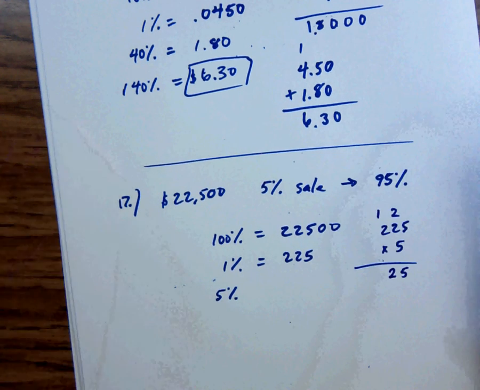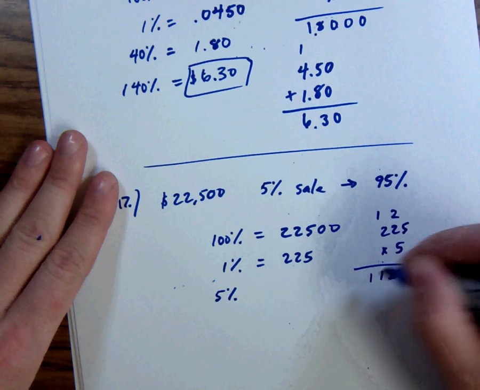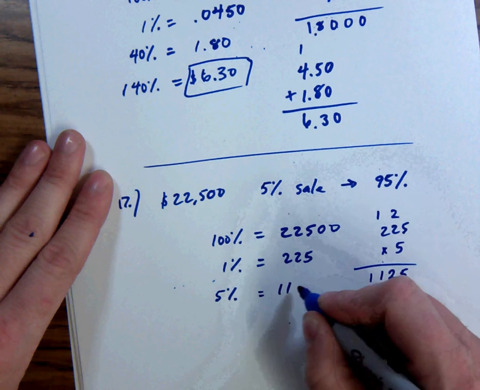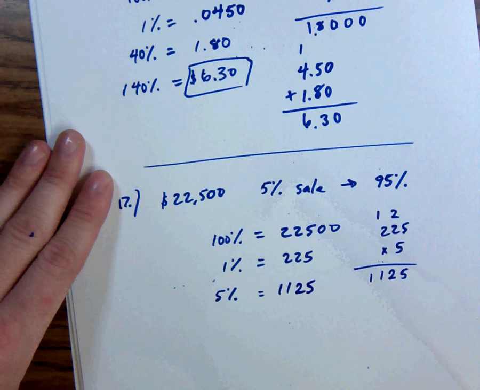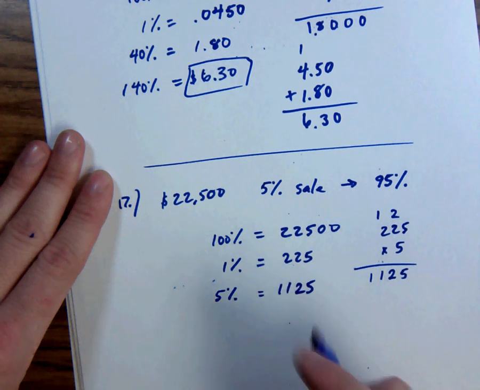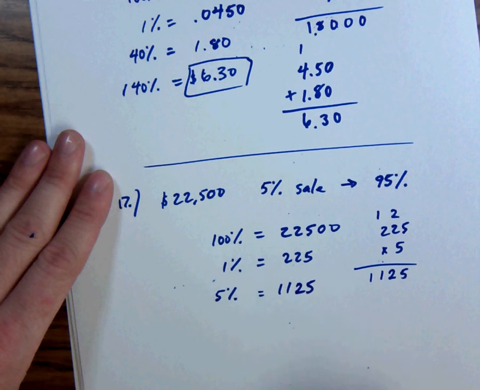And 5 times 2 would be 10 plus 1 is 11. So this is how much the price is reduced by, but to actually figure out how much the car costs, we would have to subtract that from the original price.